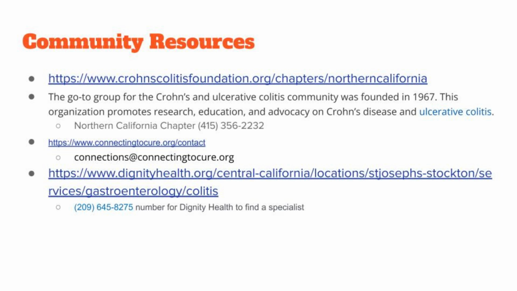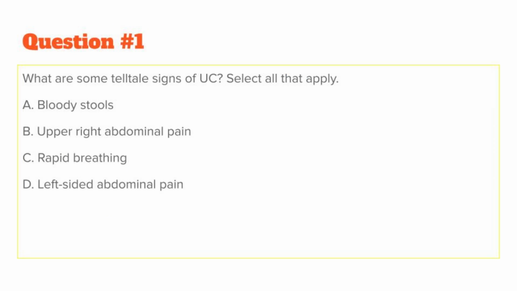The Dignity Health link gives you information on ulcerative colitis, and it also provides a phone number and link to find a doctor or specialist or even a primary care physician that can help you treat and care for your ulcerative colitis.